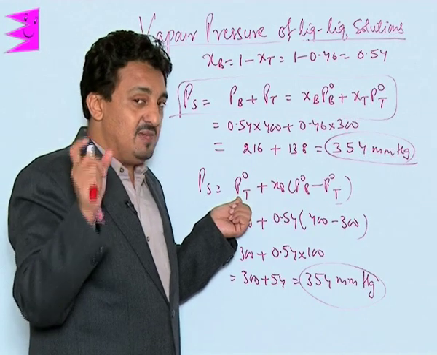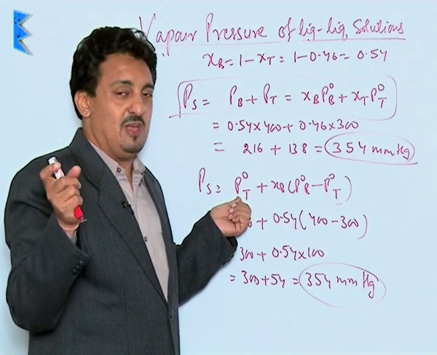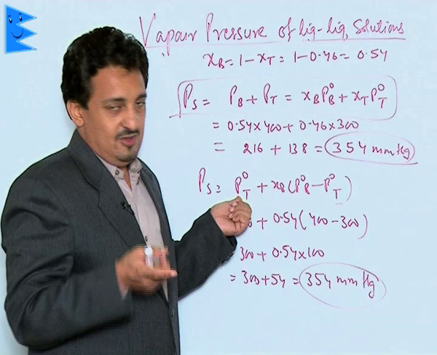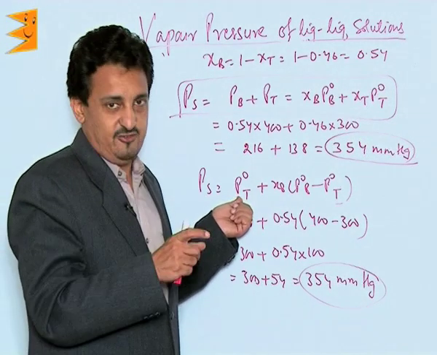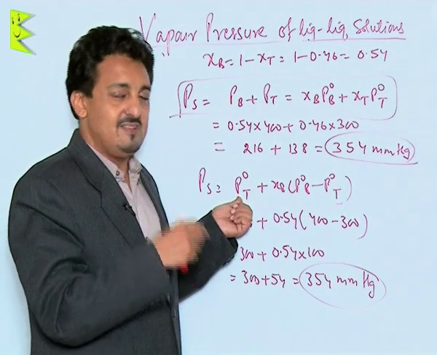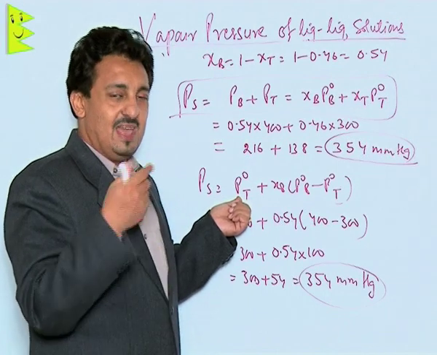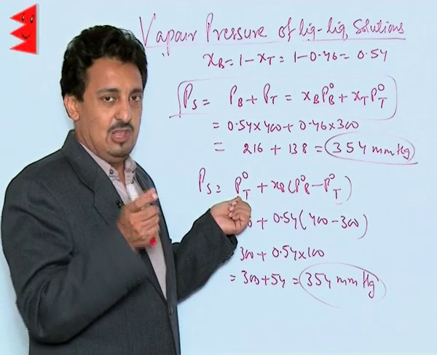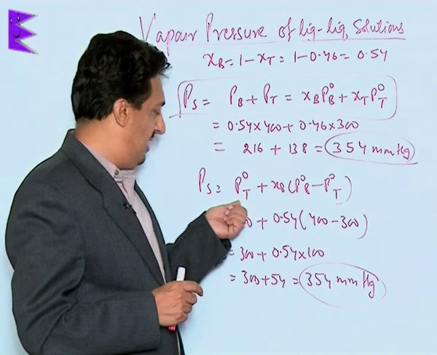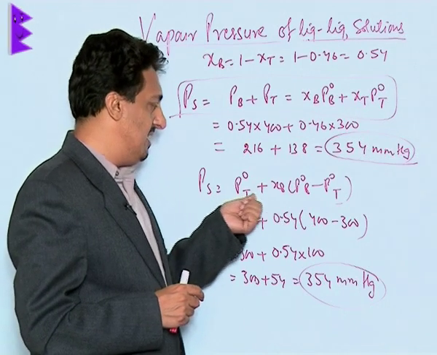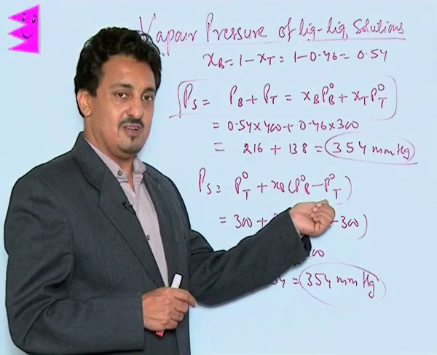In that case, B was a volatile solute whose vapor pressure was more than A. In this case, out of benzene and toluene, benzene has the higher vapor pressure. So our B will be benzene, but our A will now become toluene, which has the lower vapor pressure. So I will replace A by T, and the formula becomes Ps is equal to P naught T plus Xb times P naught B minus P naught T.